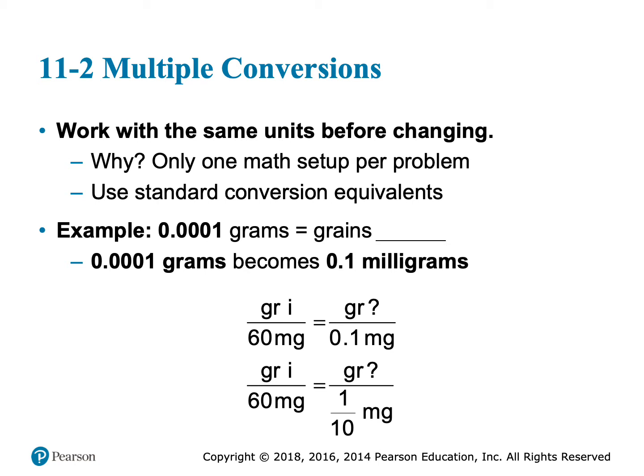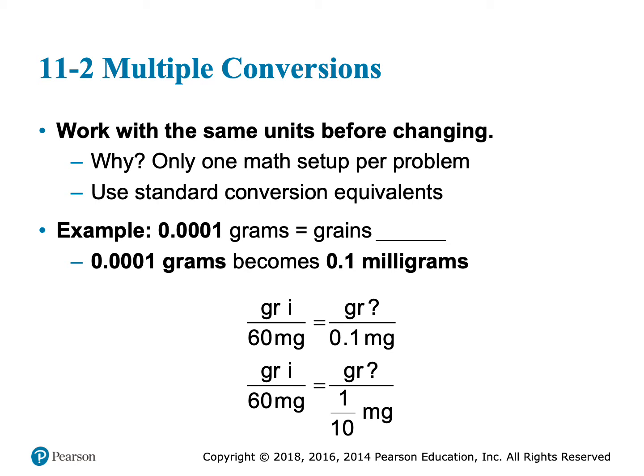So let's look at our example. 0.0001 grams equals how many grains? You may need to convert twice to get to a known conversion. First, convert from grams to milligrams. And remember our Kiss Hairy Dogs but drink chocolate milk mom?